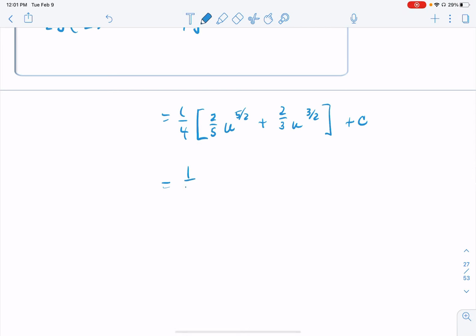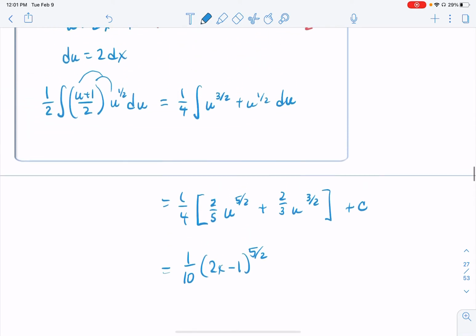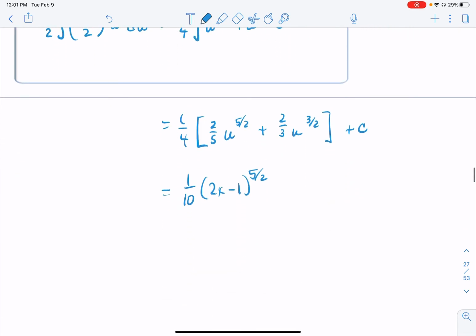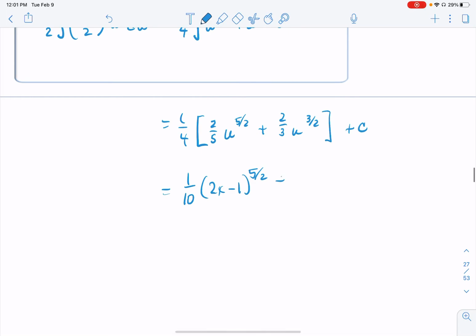And I'll make that a 2x minus 1 to the 5/2. Again, a 2 here is going to cancel out with a 2 here, leaving 2 times 3, 1/6, plus 1/6, 2x minus 1 to the 3/2, and then plus c.